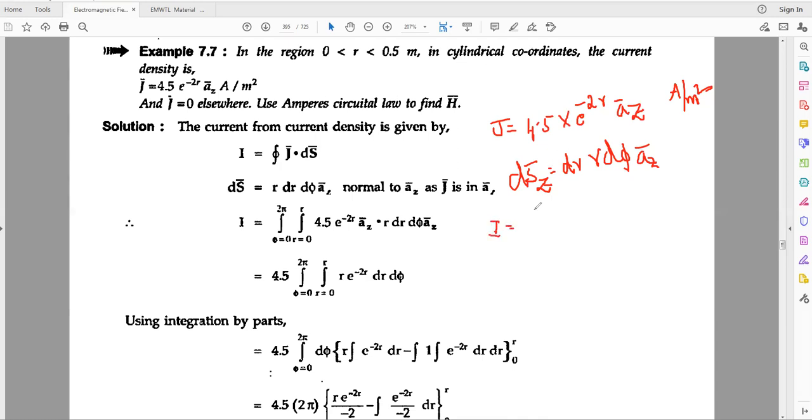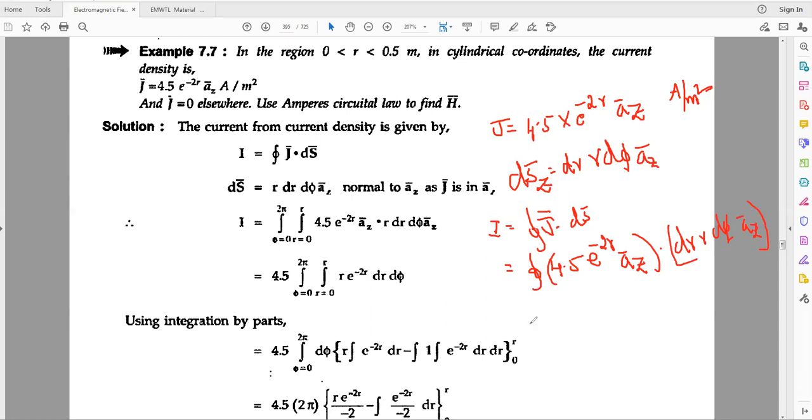Again, substitute in the ampere circuit law, I is equal to the integral of J bar dot dS bar. J bar is 4.5 e power minus 2r into AZ bar dot dr r d phi AZ bar.